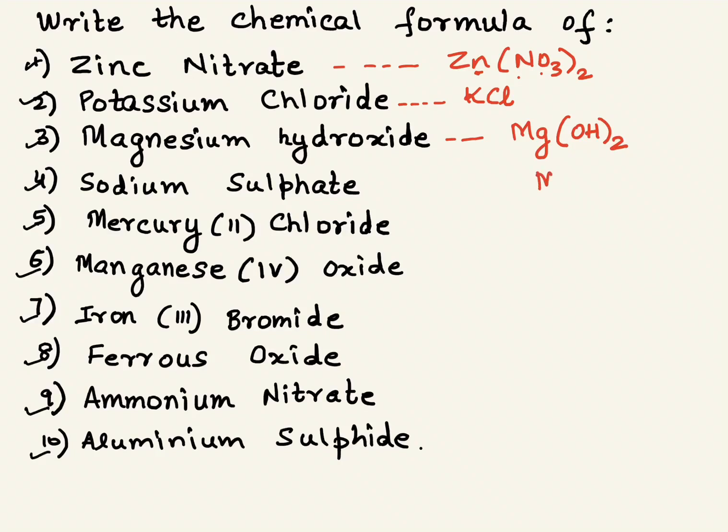Now many a times the students write it like this. No dear, this will not be correct because you are writing O, you are not writing OH, which is a combination of oxygen and hydrogen, right? So check where you are going wrong.